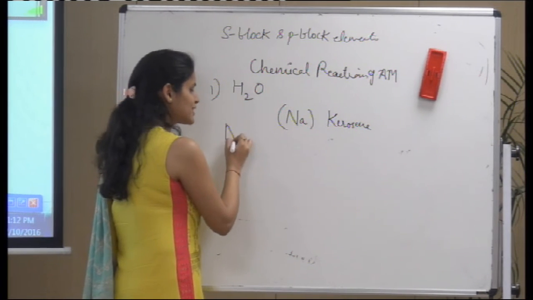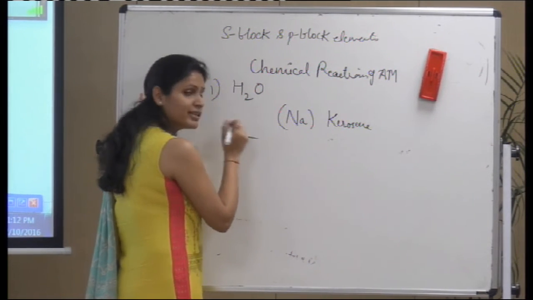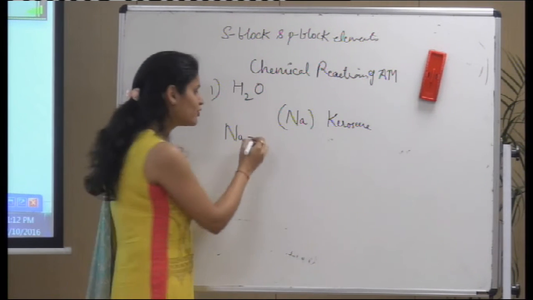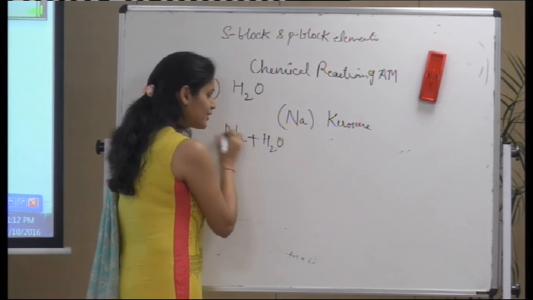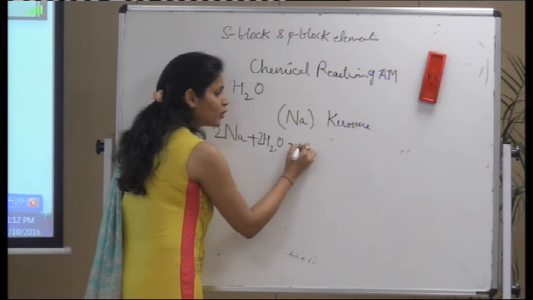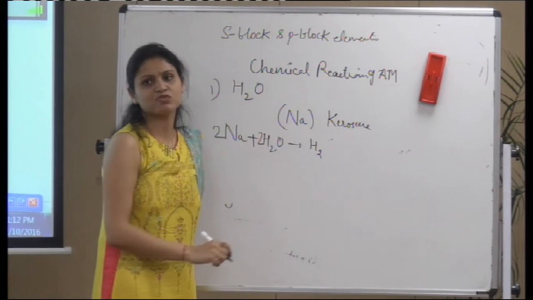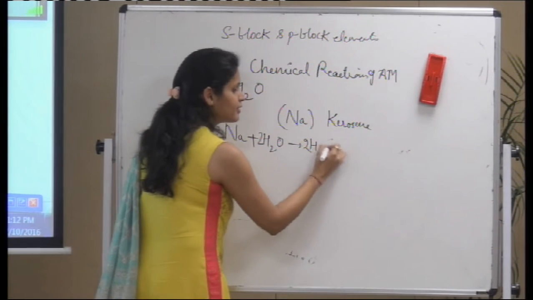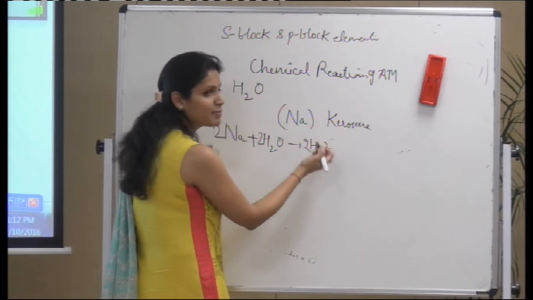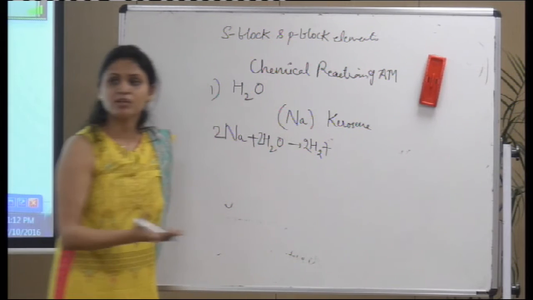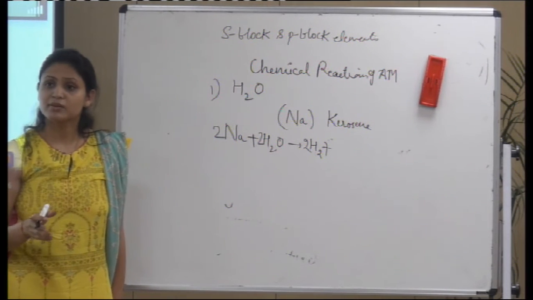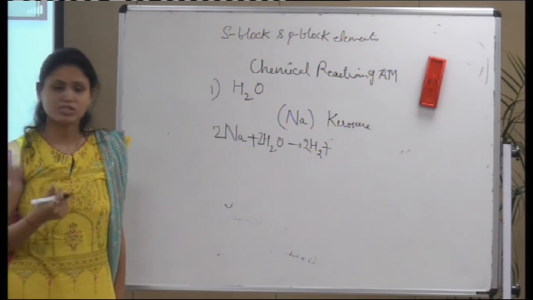So if I am saying this Na is stored under kerosene and not with water, it is because the sodium metal will react with water to form hydrogen gas, which will catch fire, and hence alkali metals are always stored under kerosene or some other non-reactive liquid so that it does not catch fire.